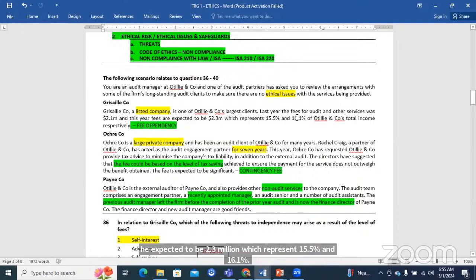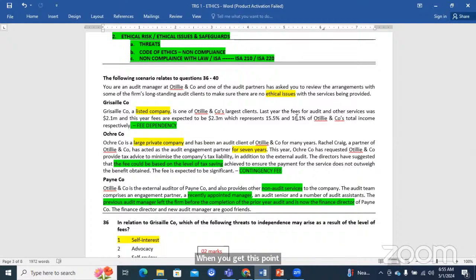When you get this point, what is fee dependency? A significant amount of audit fee is received from the client. The International Ethics Standards Board gave some guidelines. One is two consecutive years exceeding the 15% threshold, based on the recurring service. Here, the company is a listed company, so 15% is the threshold.